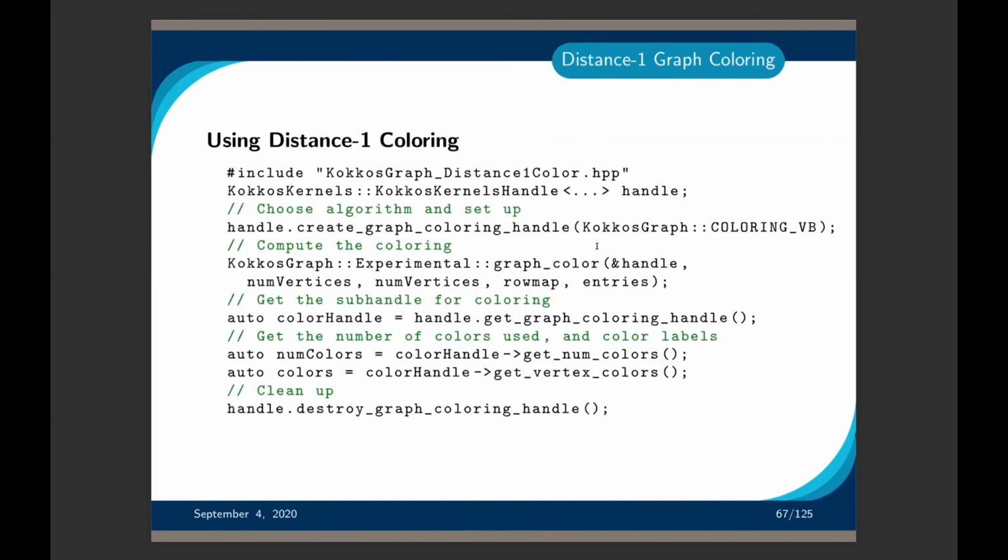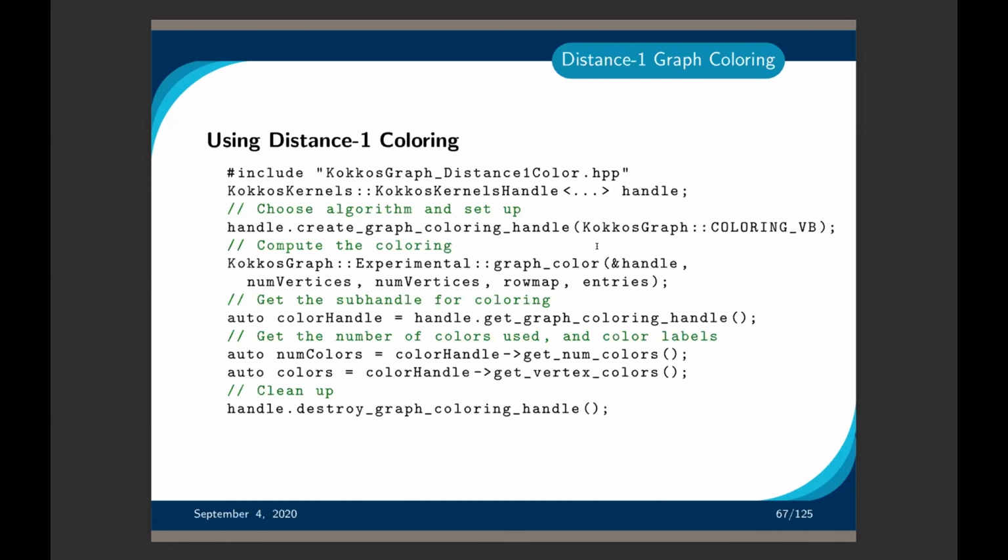To use one of these algorithms, you use the Kokkos kernels handle that Luke talked about, and you create a graph coloring subhandle, and that's when you choose the algorithm to use. In this case, we're looking at VB without the bitwise operations, just as an example. And you call graph color to compute the coloring.